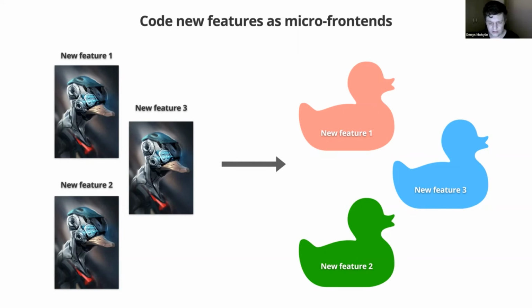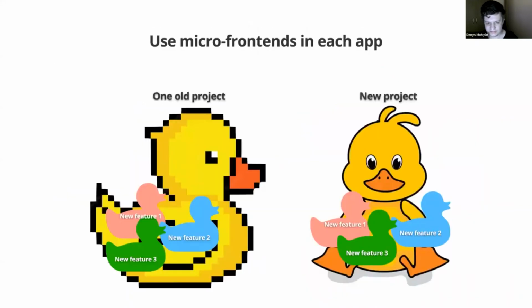And that's why we are putting the new features in separated micro docs, the micro frontends, and our application looks now something like this. The old application has its own features, and some features from the old application we are using in new applications that are actually smaller, or probably limited, versions of our current application.